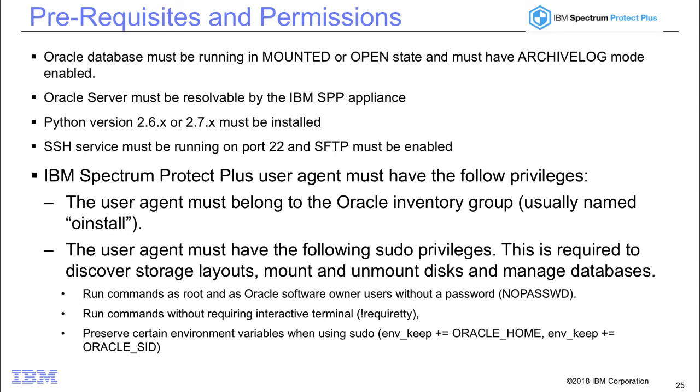The user agent must belong to the Oracle inventory group, and the user agent must have the following sudo privileges, which are required to discover storage layouts, mount and unmount the disks, and manage the databases. I'll let you read the permissions at the bottom of the screen, but those permissions are required in order to back up Oracle databases with SPP.